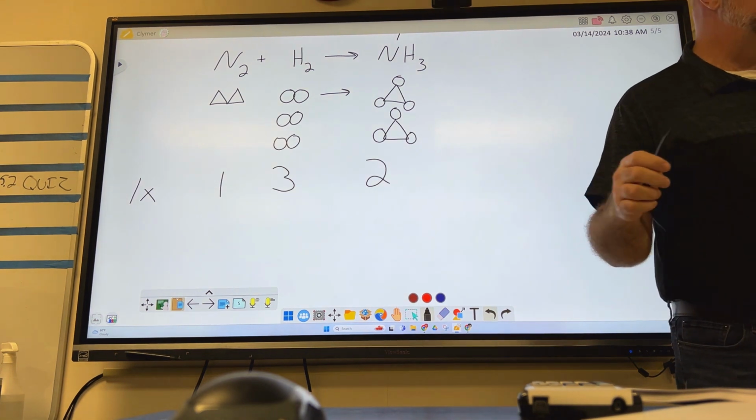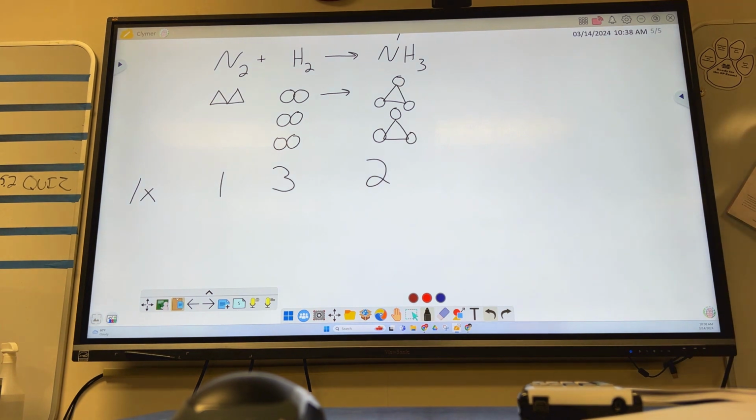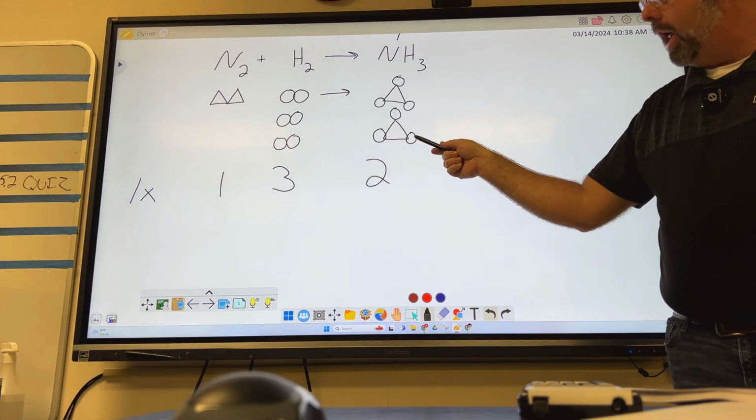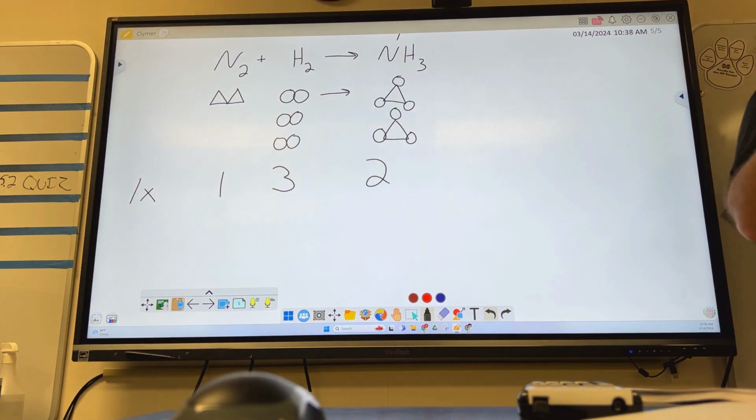And the way reactions work, they have to be completed. You can't have part of a reaction happen. You can't have a nitrogen floating around here with just 1 hydrogen attached to it. It has to have another for this reaction to progress. That's how these chemical reactions work. You have to have these completely react.